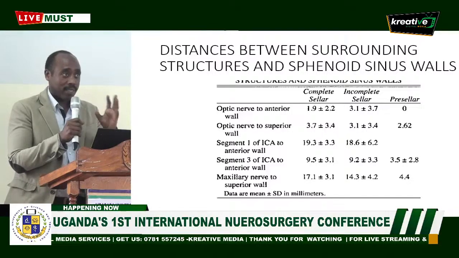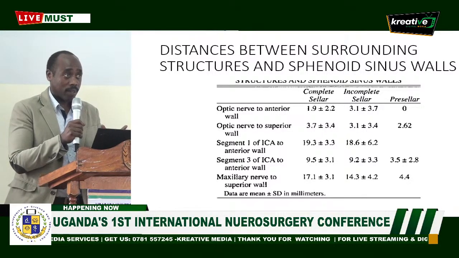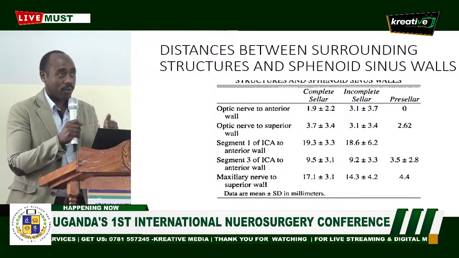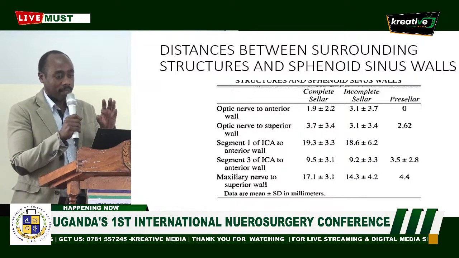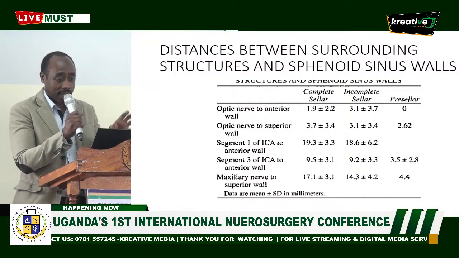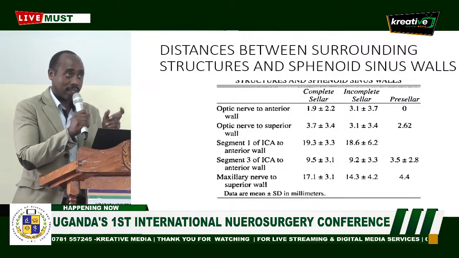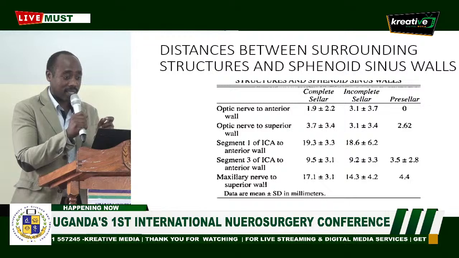So why we look at the anatomy of the sella, or its characteristics, is because we want to protect all the critical neurovascular structures around there. Depending on the sellar type, you can have different degrees of safety when you're doing these surgeries.